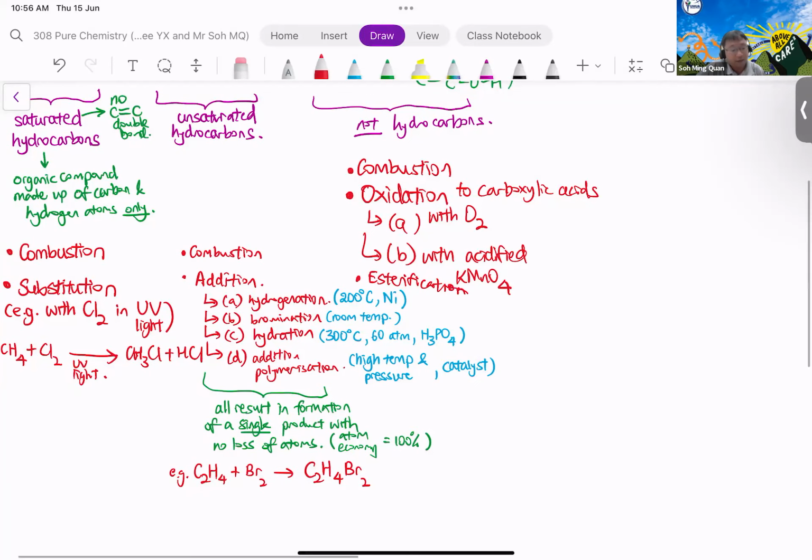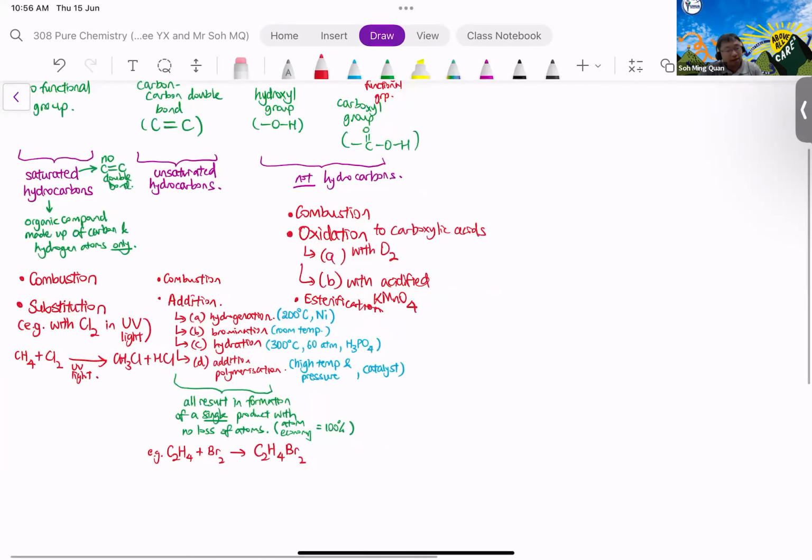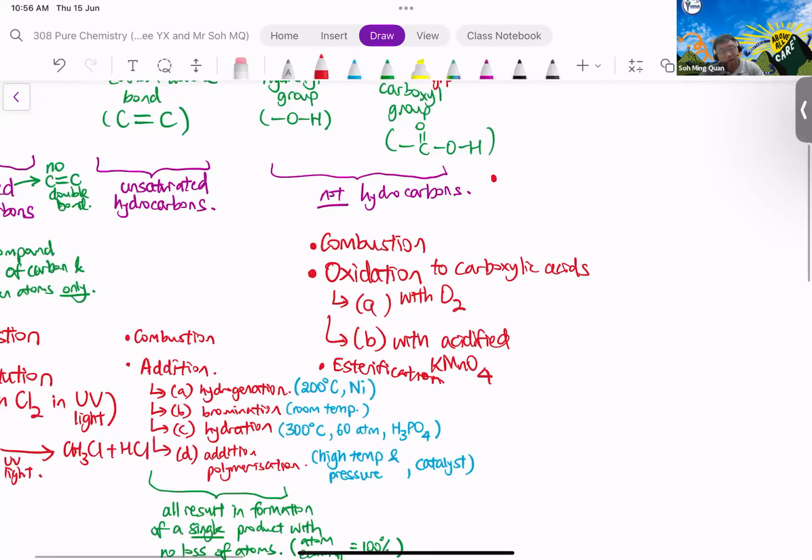Finally, carboxylic acids. Now, carboxylic acids do not undergo a lot of reactions. Carboxylic acids mainly undergo acid reactions. So acid reactions can be with carbonate, metals, or bases.